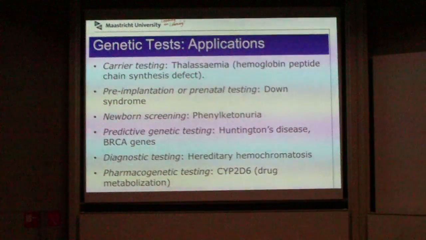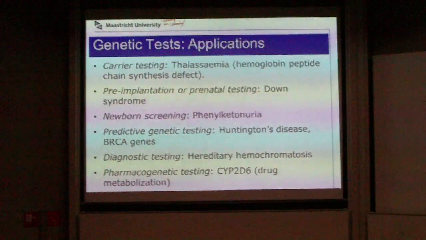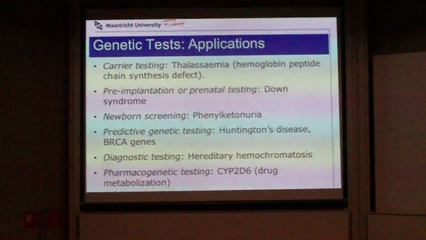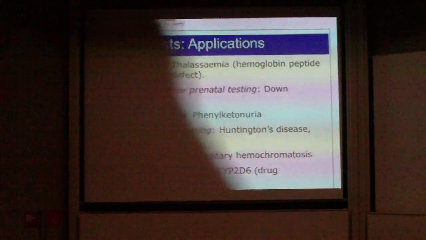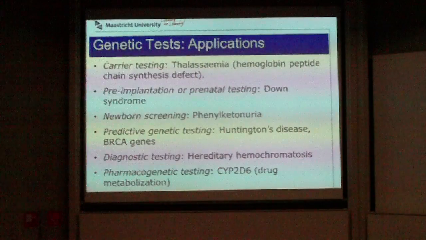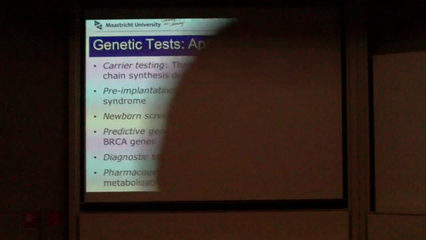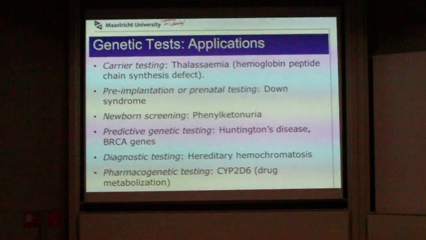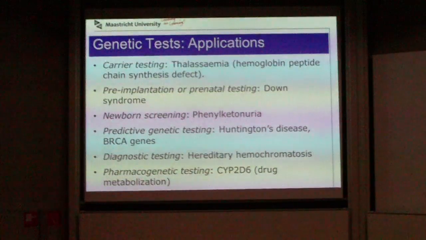Now you can understand there are a lot of ethical considerations with this type of application, but it's up there, it happens, and it's probably becoming more and more reality. That's the disadvantage if you see this.